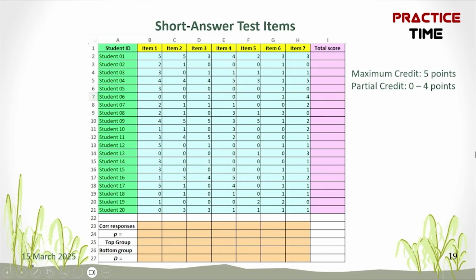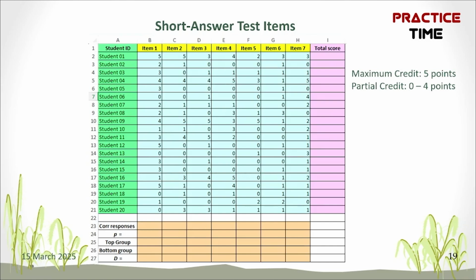How to find your P? What's the P here? It's the total number of what? Correct responses, all right? How many? Okay, add all the points there. Am I right? Add all the points there.